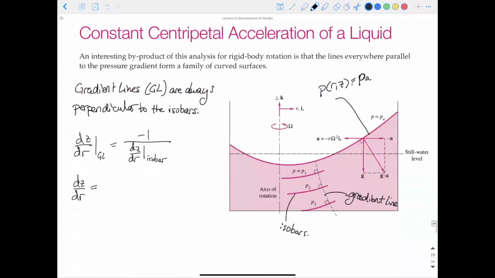So dz/dr for the gradient line is negative g over r omega squared, the negative reciprocal of that.